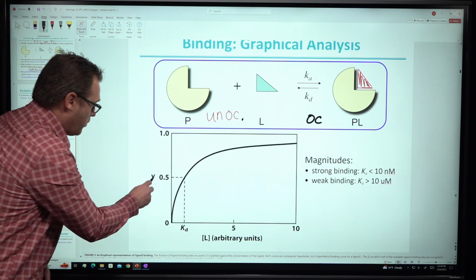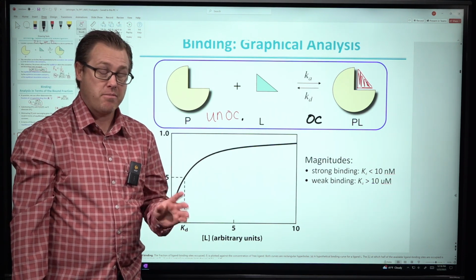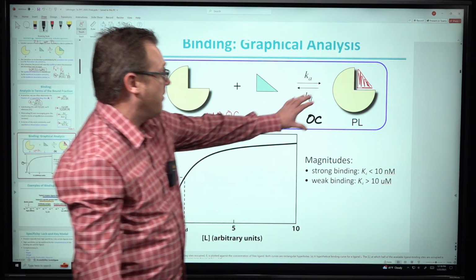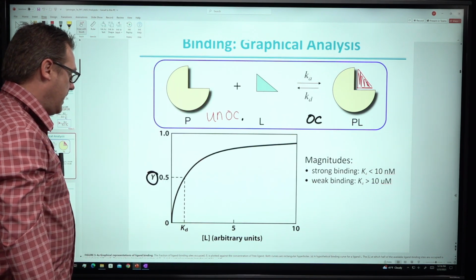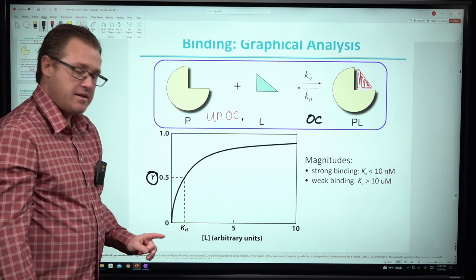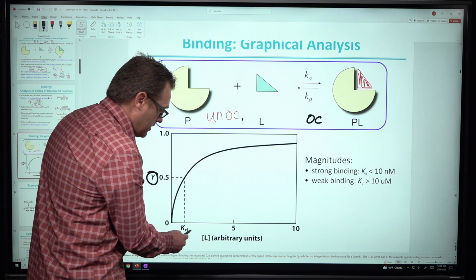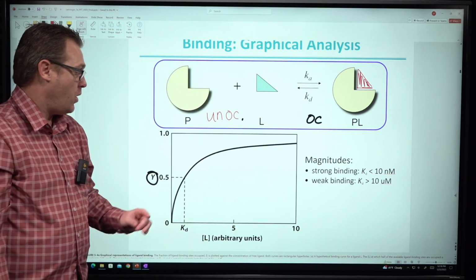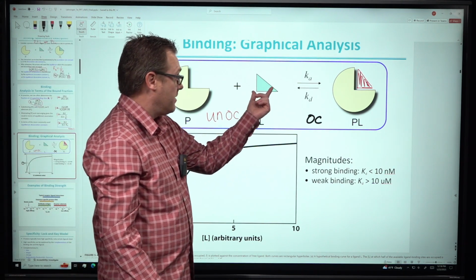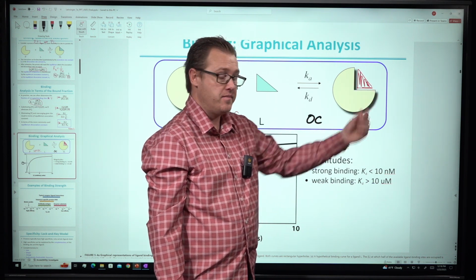And that's what this Y term in the graph is representing, the ratio of this to that. And so on the x-axis, what we're tracking is how much of the ligand you have to add in order to get this ligand to bind in the binding site.